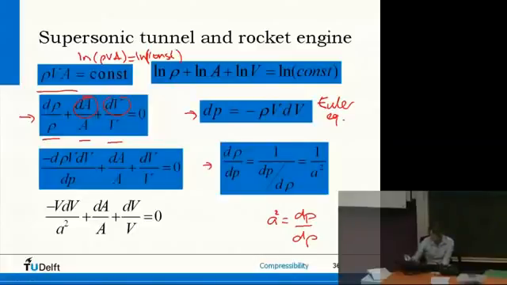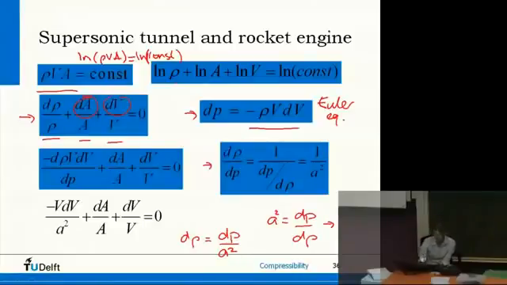So we have that d rho is equal to dP over a squared, right? And dP is equal to minus rho V dV. So if you put that in, you get this one.